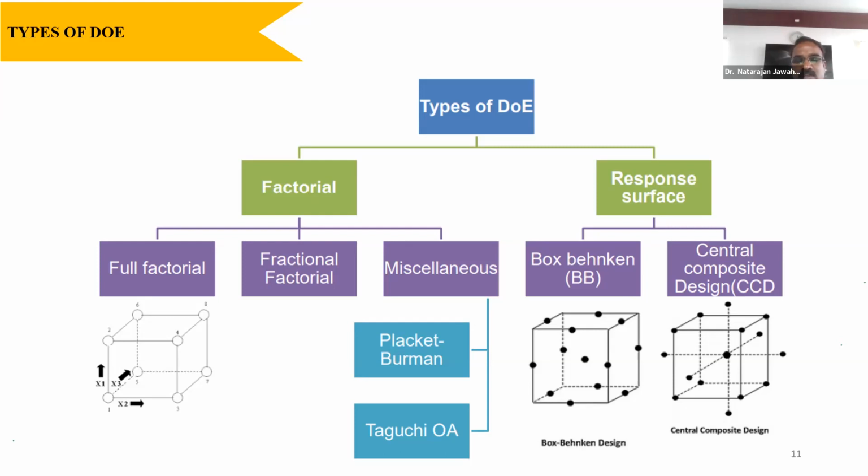But if you don't know the upper limit and lower limit of your factors, the independent variables, you have to go with central composite design, because in central composite design we have star points. The star points will cover a little above the range or level of our concentration.